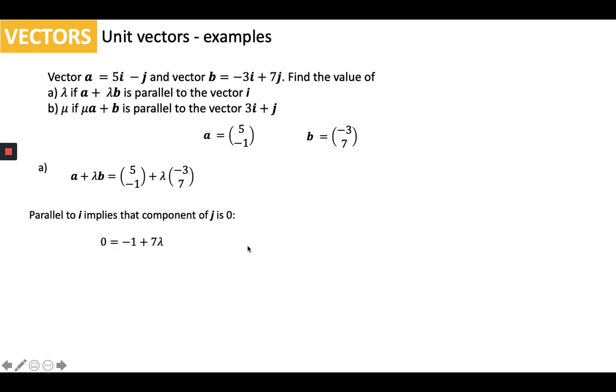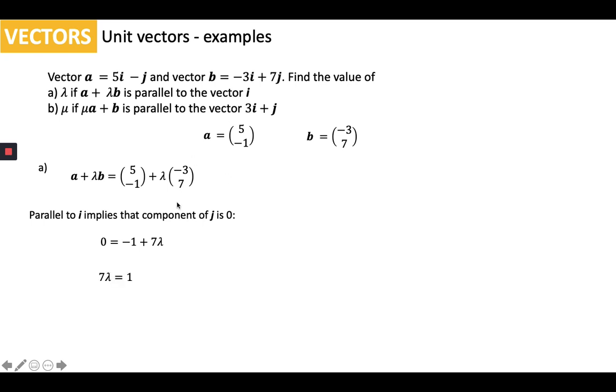So I can write 0 is negative 1 plus lambda lots of 7. Because once I calculate this, negative 1 plus lambda lots of 7, or 7 lambda, I know that needs to equal 0 to have no j component. That means it will be parallel to the vector i.